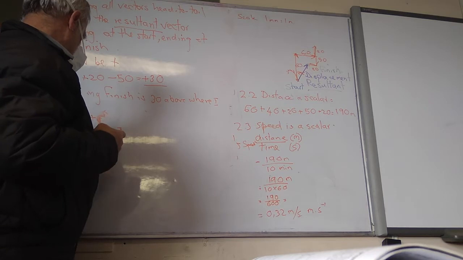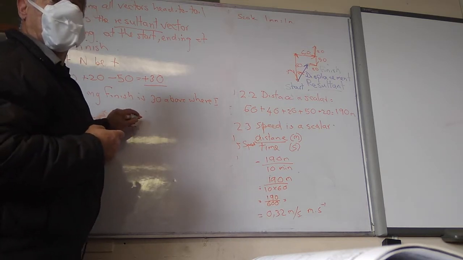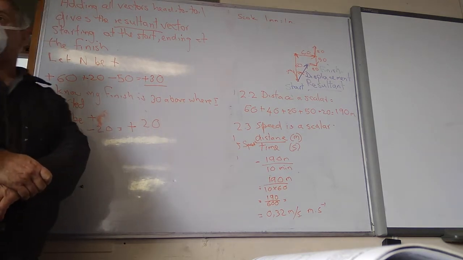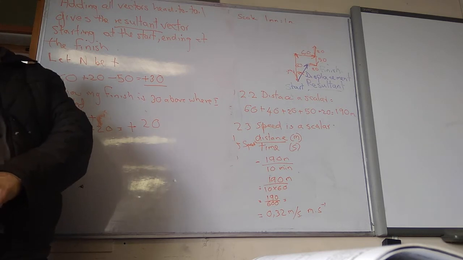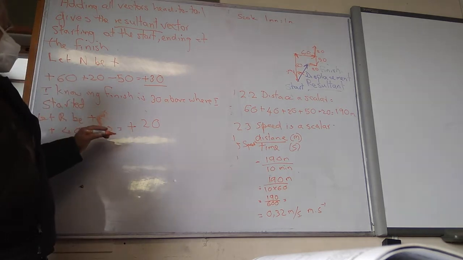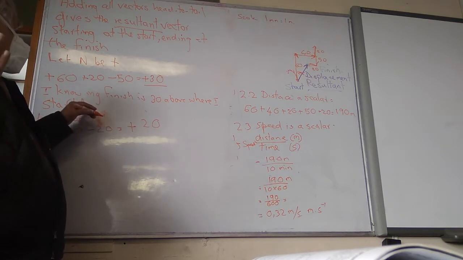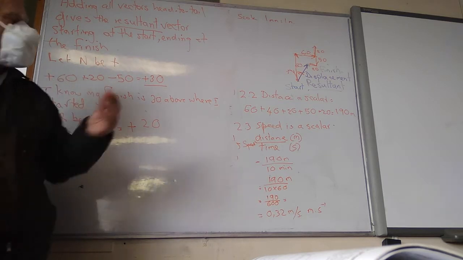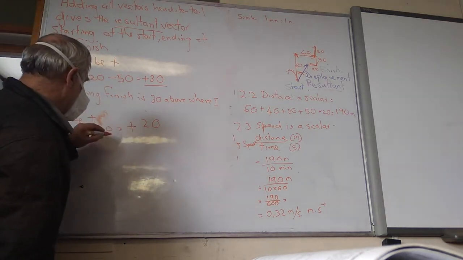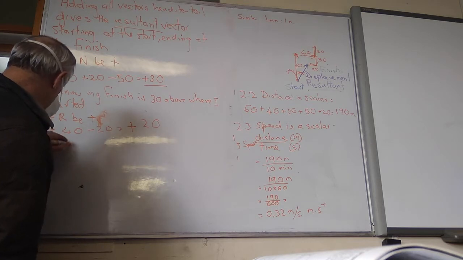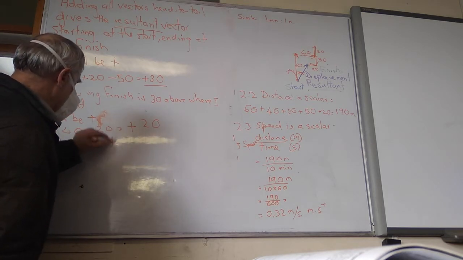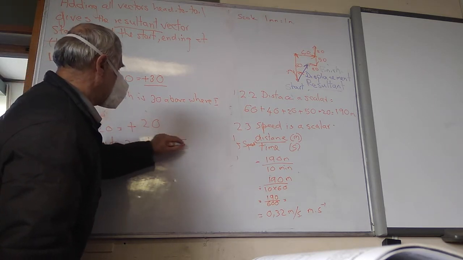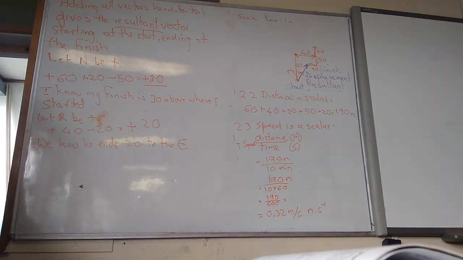Gives us plus 20. So we know that if right is positive, he finished 20 to the right and 30 above. So what do we know? We know he ended 20 to the east of where he started.